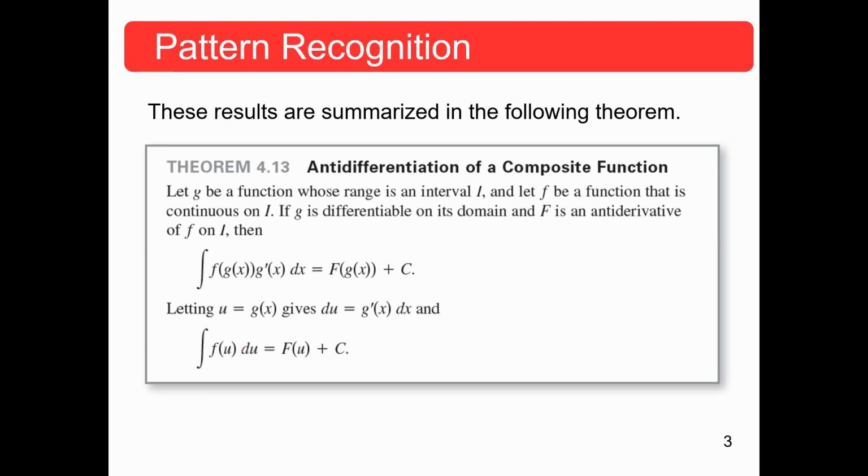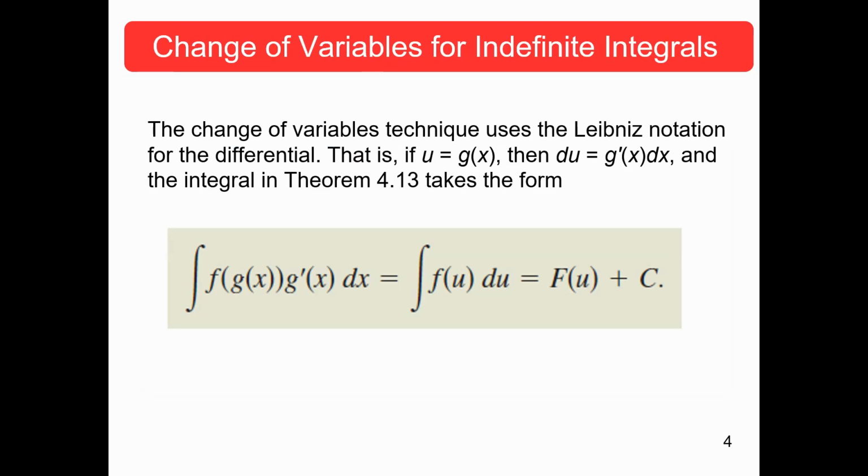What this is going to look like is if I let g be u, so let my inner function be u, and then g prime dx would be u prime, or this would just be du, honestly. And we'll see that in just a second. We wind up with F of u plus C. Don't get cute. All right, so the change of variable technique uses Leibniz notation for the differential.